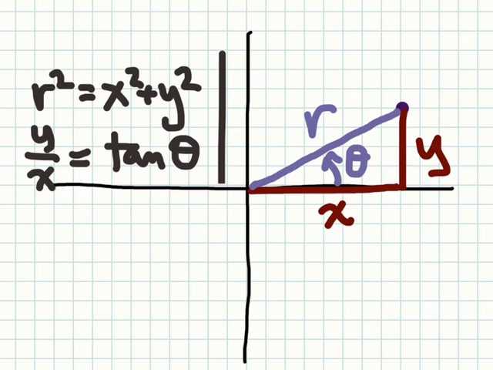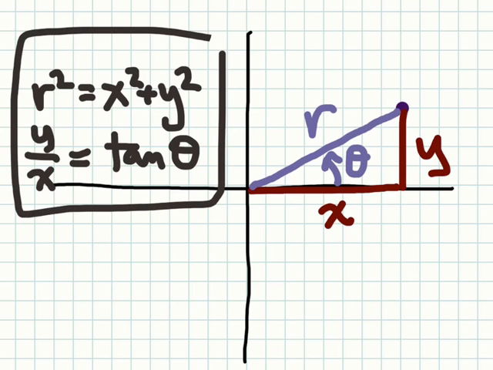So there's a pair of equations relating x and y to r and theta. If we think about right triangle trigonometry a little bit more, you realize that the quotient y over r, i.e. opposite over hypotenuse, should give us sine theta.